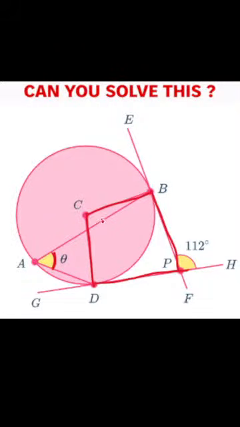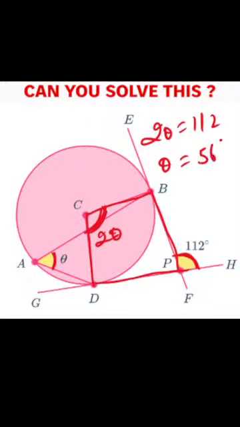Using that theorem, this exterior angle is directly equal to this angle at the center, because for a cyclic quadrilateral, the exterior angle is equal to the angle in the alternate segment. The angle in the alternate segment is 2 theta, and this is equal to the exterior angle. So directly I can write that 2 theta is equal to 112, and on solving I'll get theta is 56 degrees directly. So you need not solve for these angles.